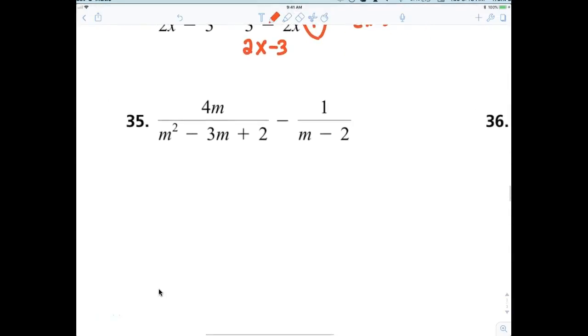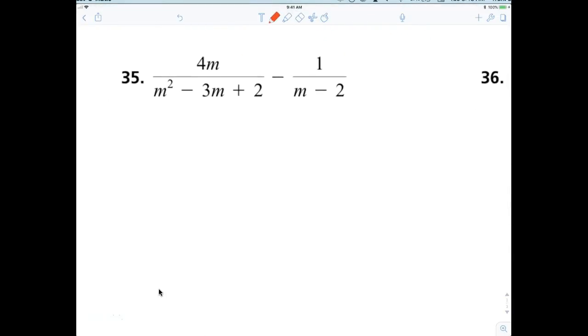All right, here we go. Now, last one. All right, of course, m squared minus 3m plus 2 probably factors, and what's probably one of the factors? Yep. So m minus 2 times what? Times m minus 1. Does everybody see that? Now, the only thing I really need to do is multiply the second fraction by what? m minus 1.